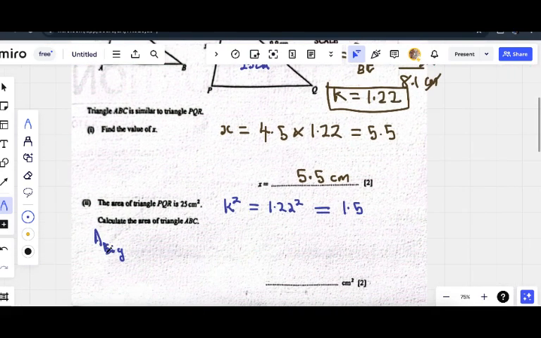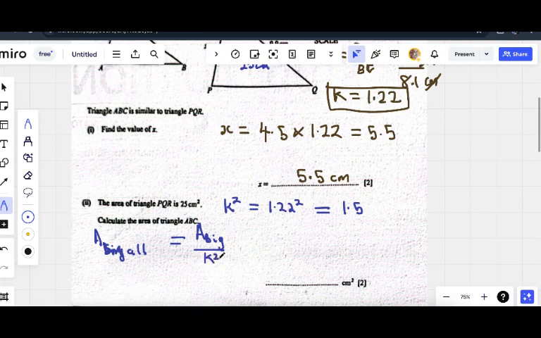We say A small is equal to the area of the big triangle divided by K square. K square is the area factor, divided by K square. K square is our area factor.